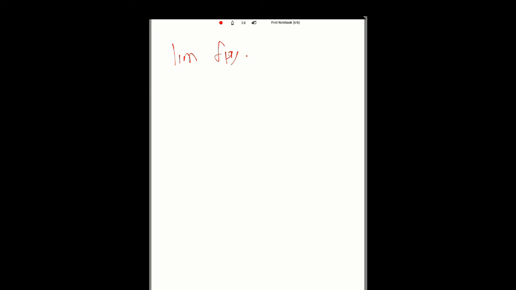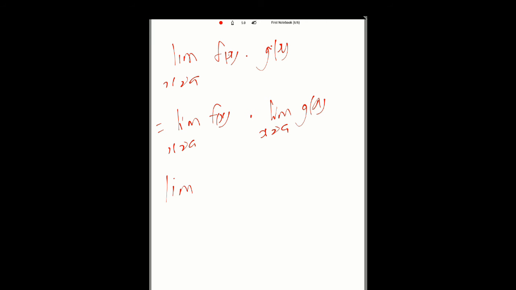Now, another property that we'd want to look at is the property of products. So we have the limit of f of x times g of x as x approaches a would be equal to the limit of f of x as x approaches a times the limit of g of x as x approaches a. For example, let's say that we're looking at the limit of x cubed as x approaches 2. Now that would be equal to the limit of x times x squared as x approaches 2.